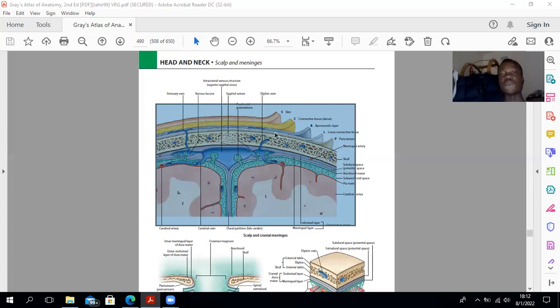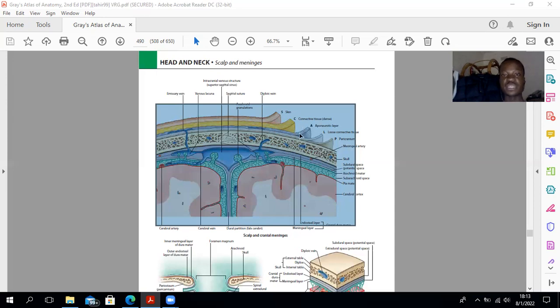So in this layer, you find numerous vessels, arteries, and veins, and you also find nerves. And there's a free anastomosis within that connective tissue layer between the vessels of the external carotid and the vessels of the internal carotid. I'll end by drawing a diagram to show the nerve supply and the blood supply of the scalp, but for now, let's describe the layers.